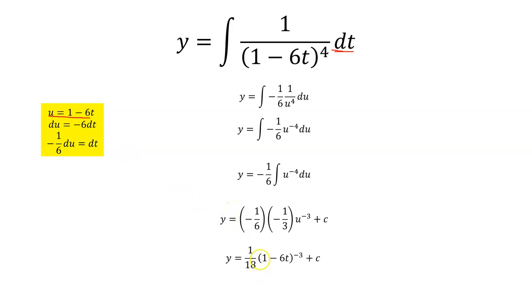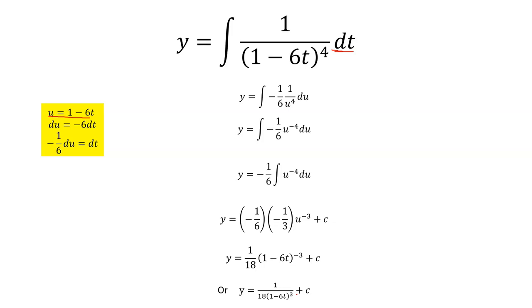So you have 1 over 18 times the quantity of 1 minus 6t raised to the negative 3 plus c. And you can make it a more acceptable format. Since that is a negative 3, make it 1 over 18 times the quantity of 1 minus 6t raised to the 3rd power plus c.